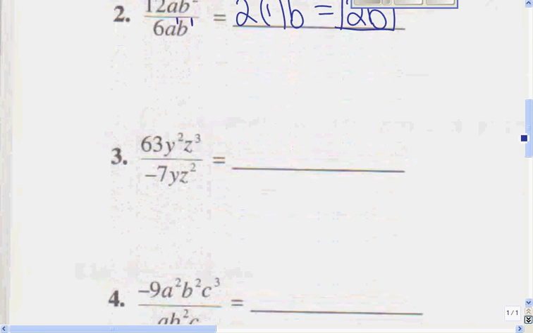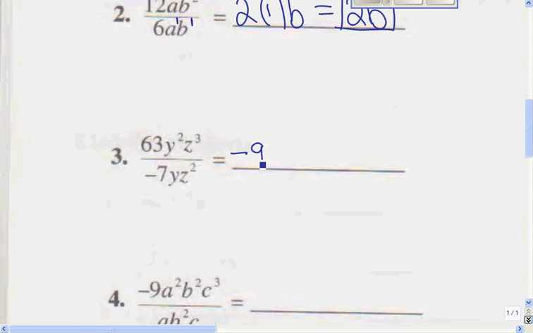Okay, so let's look at our signs. Are our signs the same or different? They're different. So I know my answer is going to be negative. And 63 divided by 7 is what? Well, what times 7 gives me 63? 9. 9 times 7 gives me 63.